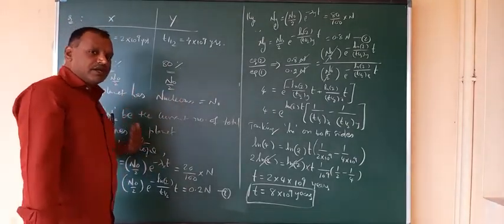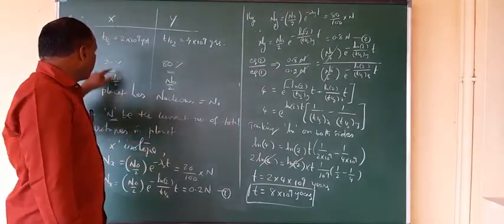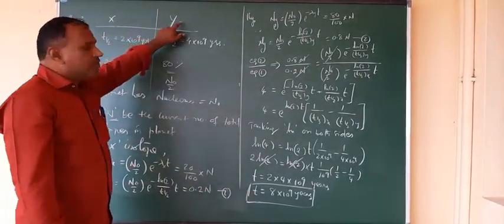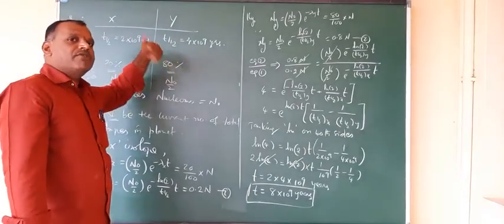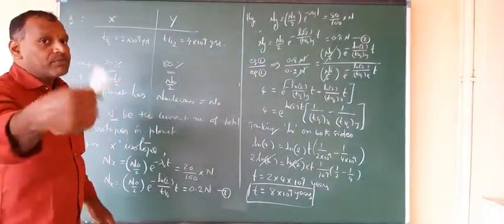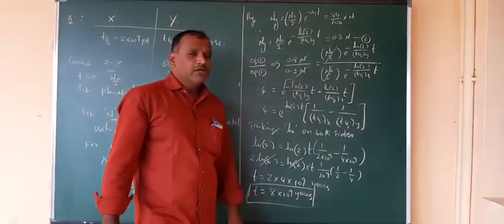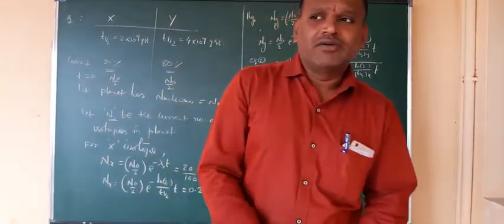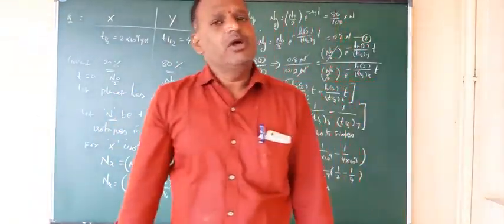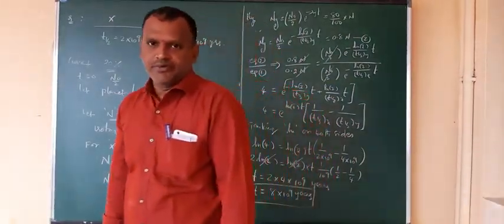According to the data, after some time interval, isotope X will become 20% and isotope Y will become 80%. That time is nothing but the age of the rock or planet, which is 8 into 10 power 9 years. So this is another type of question we have.